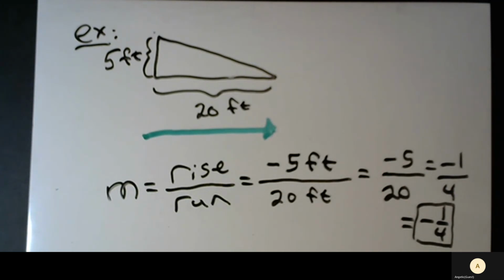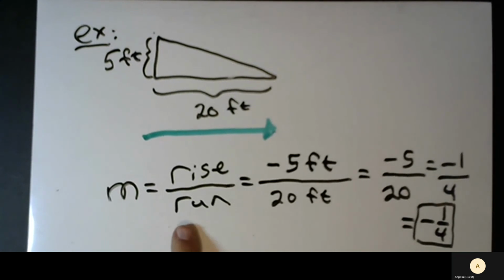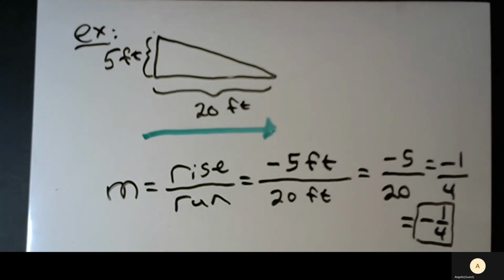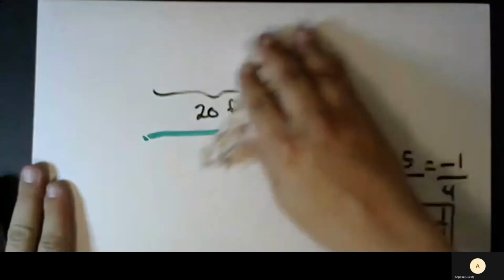So what does this have to do with the function? Well, you can see rise over run in the function, and it depends how you look at m. So let's take a function like this.